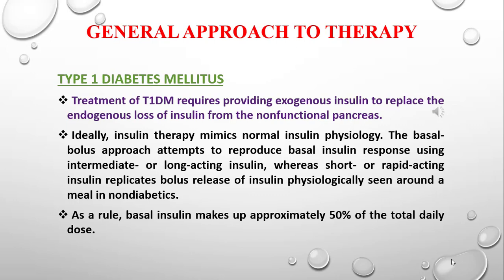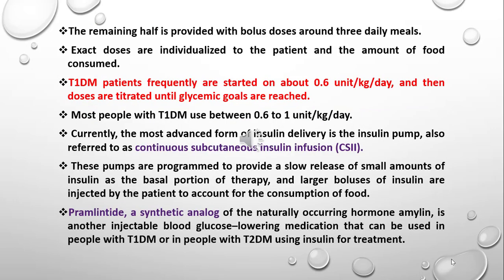The basal and bolus approaches are used to reproduce basal insulin response using intermediate and long-acting insulins. As a rule, basal insulin makes up approximately 50% of the daily dose. The remaining 50% of the dose is provided with bolus doses around 3 daily meals.